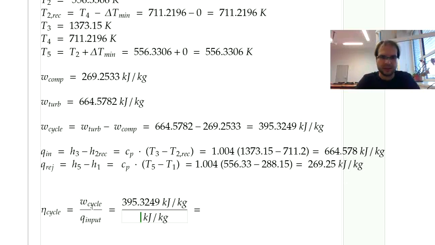So for the efficiency of the cycle, the work of the cycle remains the same. The heat input is now lower, it's 664.578 kilojoules per kilogram. And if we take the ratio of the work of the cycle to the heat input, we get the efficiency, which is in our case 59.49%. So it's actually quite a dramatic increase compared to the previous efficiency of the cycle, which was about 48%.